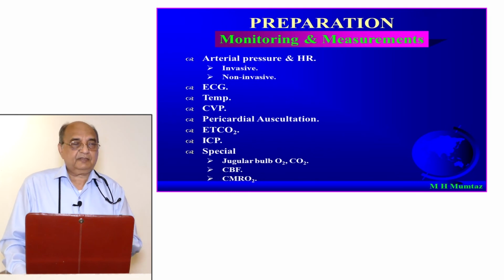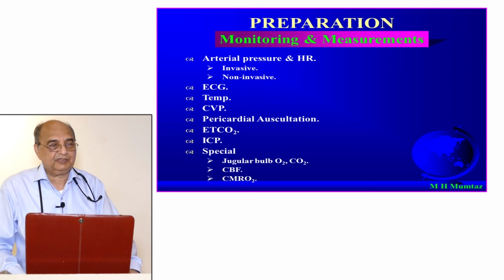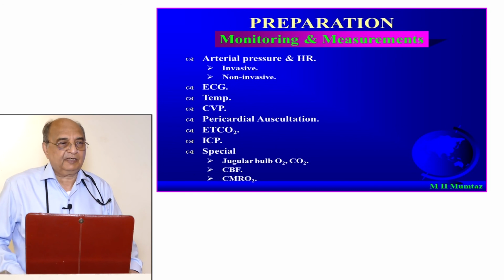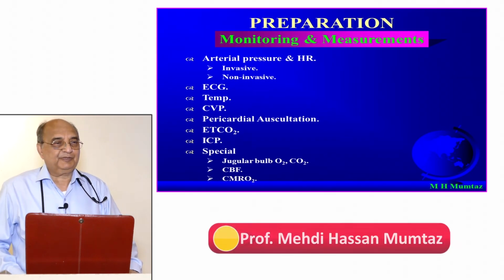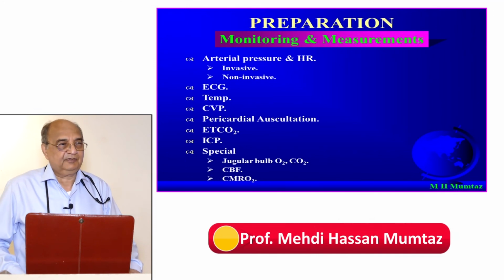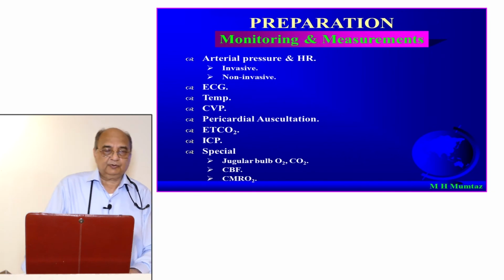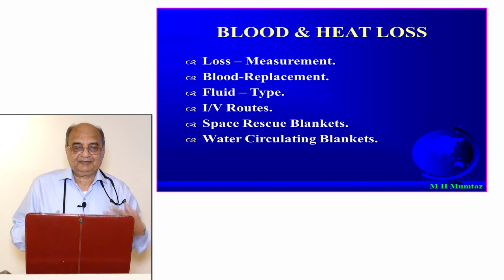Then there are special monitoring also: jugular bulb oxygen and carbon dioxide. It's very rarely done. Cerebral blood flow measurement continuously during surgery, and CMRO2 measurement also continuously. In some other advanced centers of neurosurgical anesthesia, they measure these things. But you should know at least that these things exist.